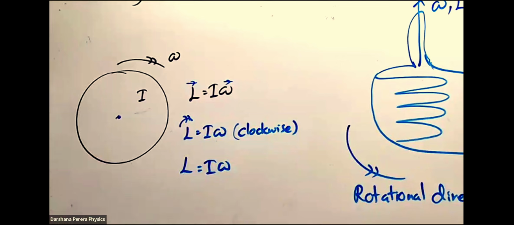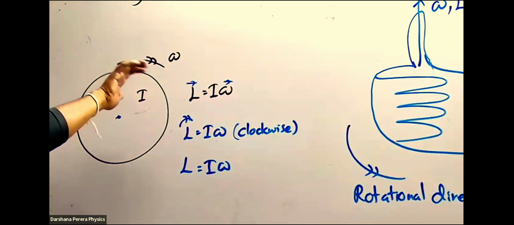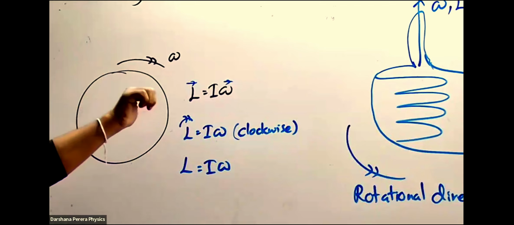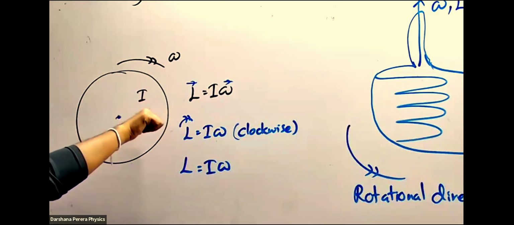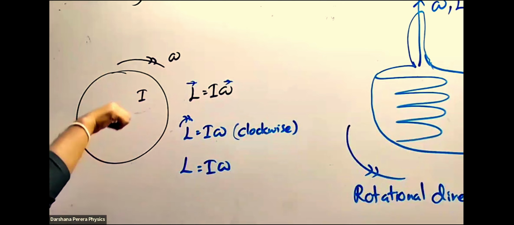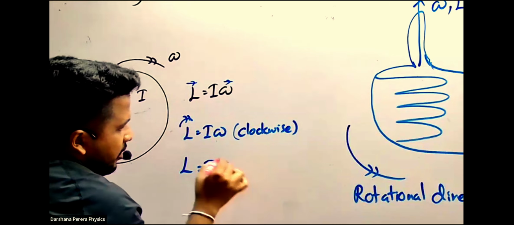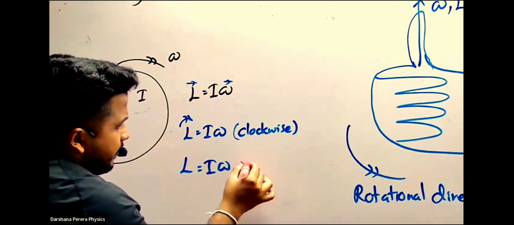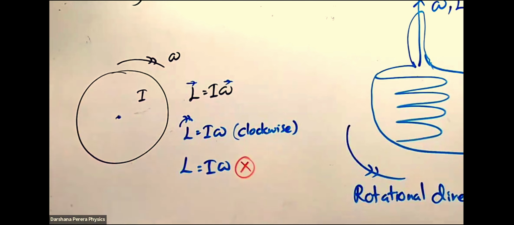The omega is in this direction, the rotation is in this direction, we focus the four fingers in this direction. Therefore, L is into the surface. How can we write into the surface? Like this, right? Into the surface.